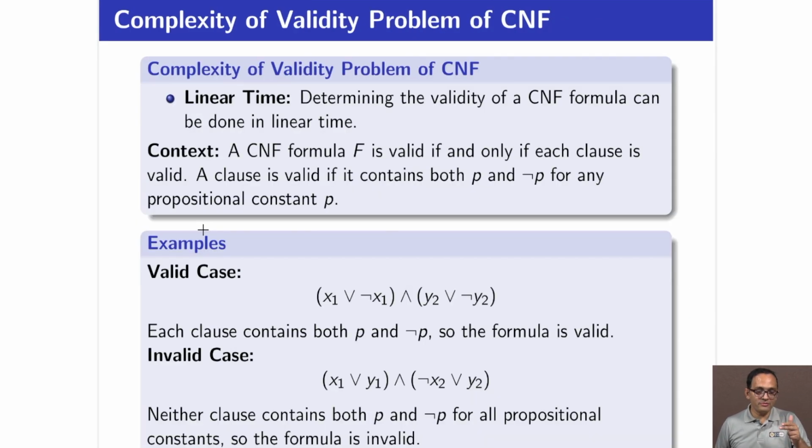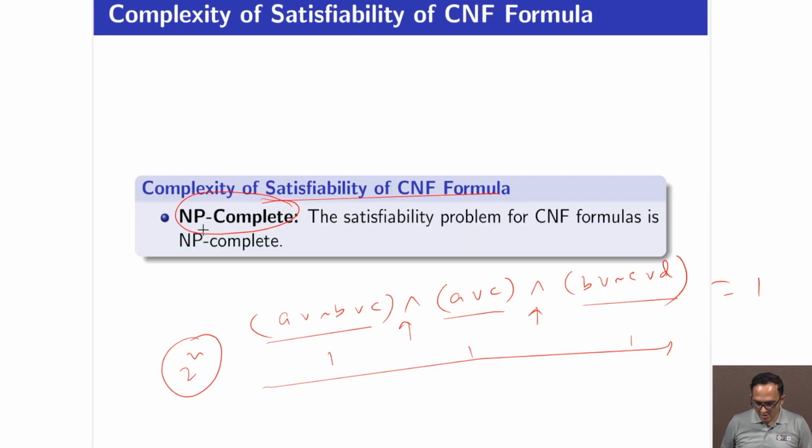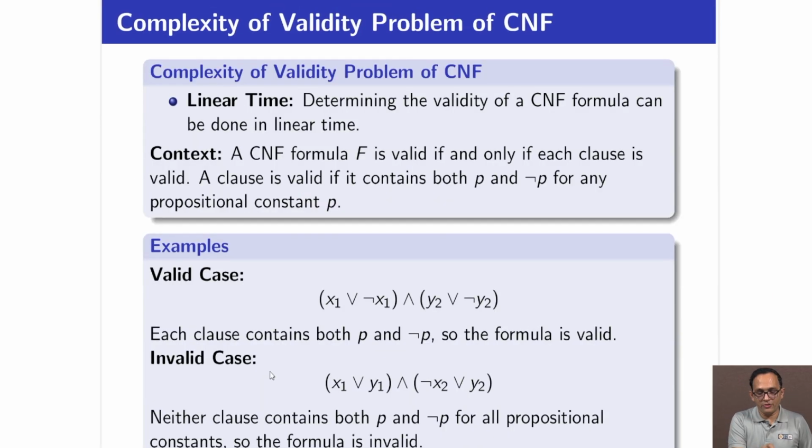But checking validity of a CNF formula is easy, because you again take this formula to check whether it is valid. If the formula has to be valid, each of the clauses has to be valid, because and is in between.